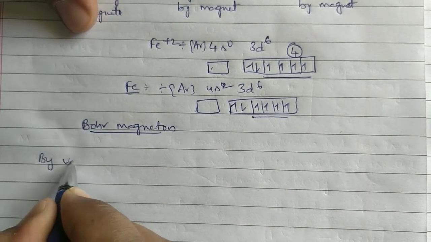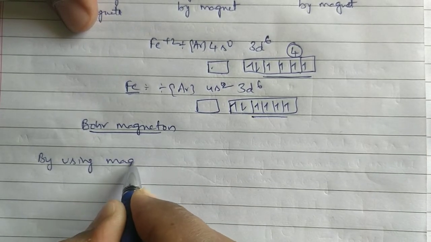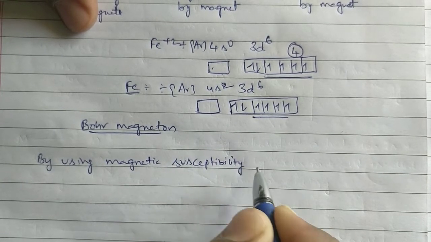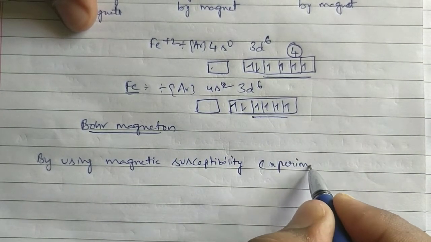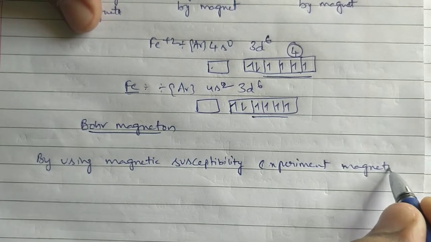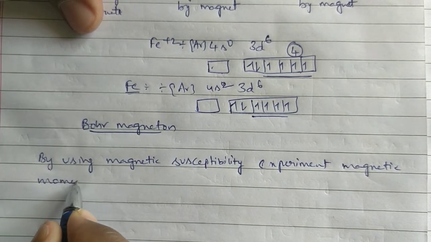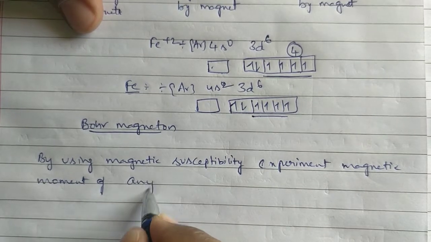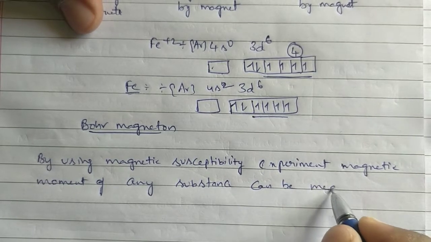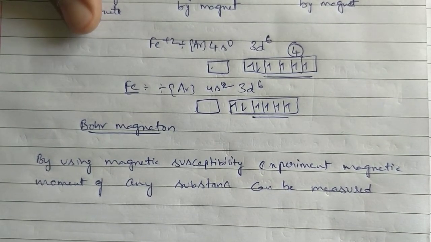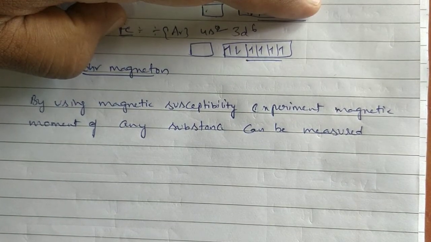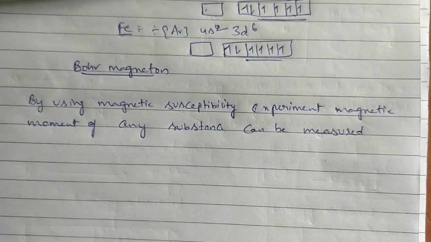By using magnetic susceptibility experiment, magnetic moment of any substance can be measured.